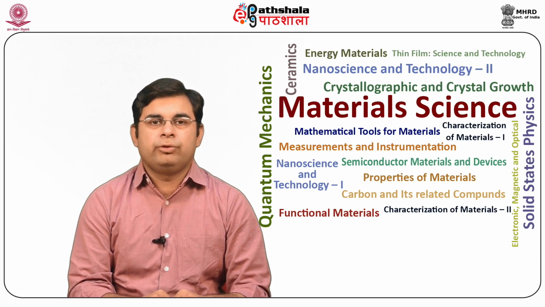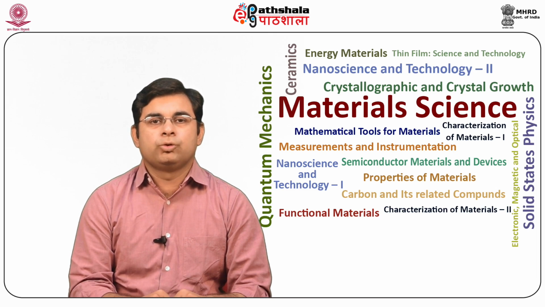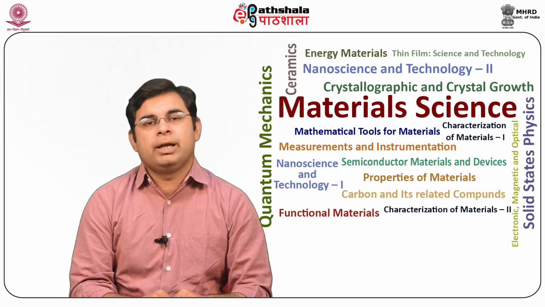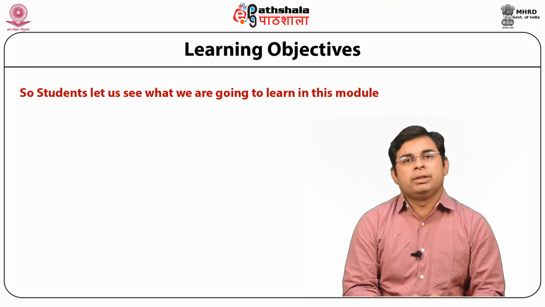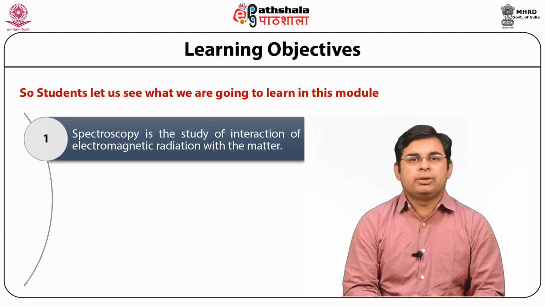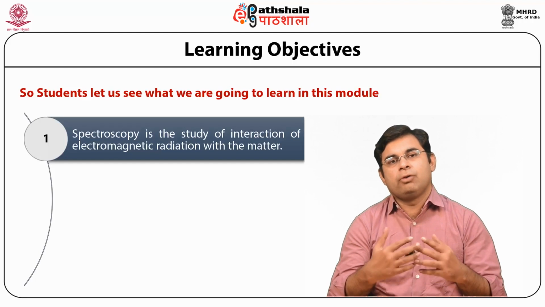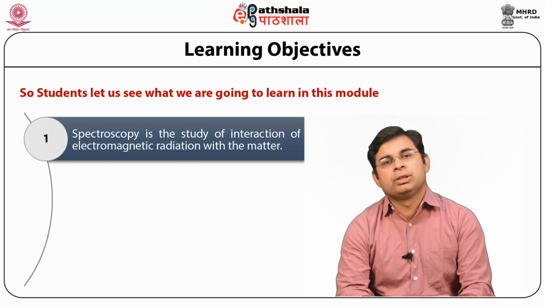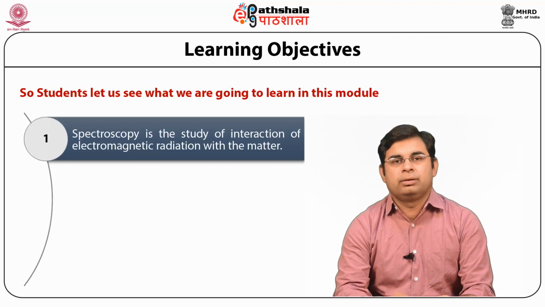Today we are going to talk on module Spectroscopic Instrumentation under the paper Measurement and Instrumentations. In this module, we will study about spectroscopy and its related instruments. Spectroscopy is the study of interaction of electromagnetic radiation with the matter.